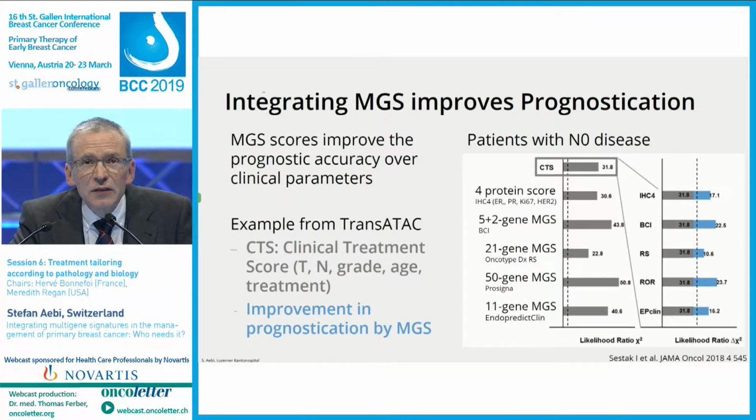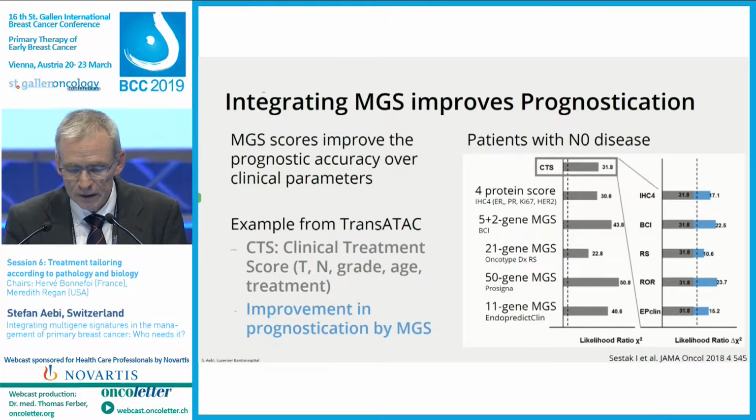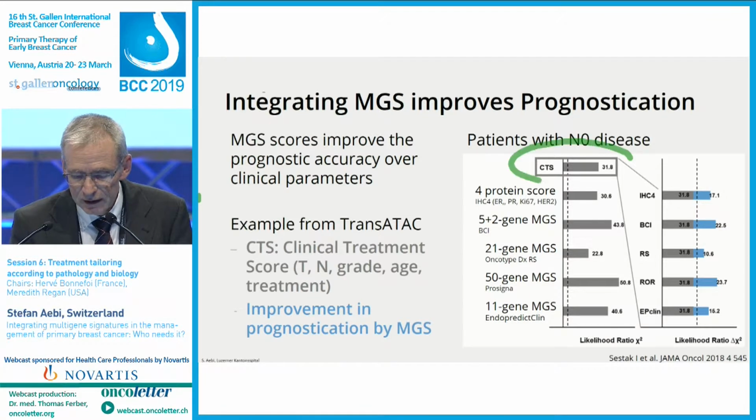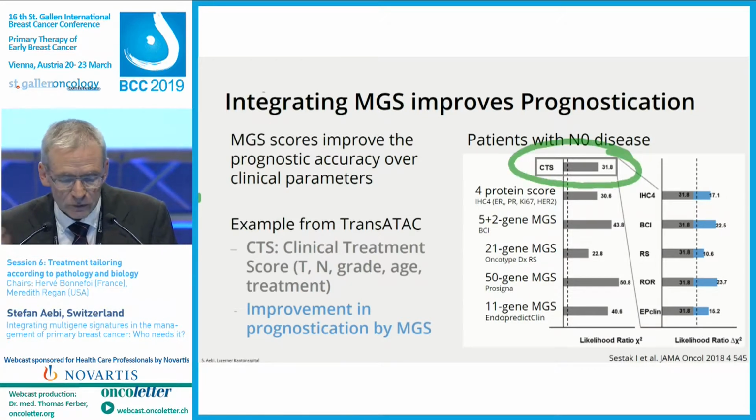And this gives you a clinical treatment score, and what you see here is how well the model based on the clinical treatment score fits the outcome data of the patients.